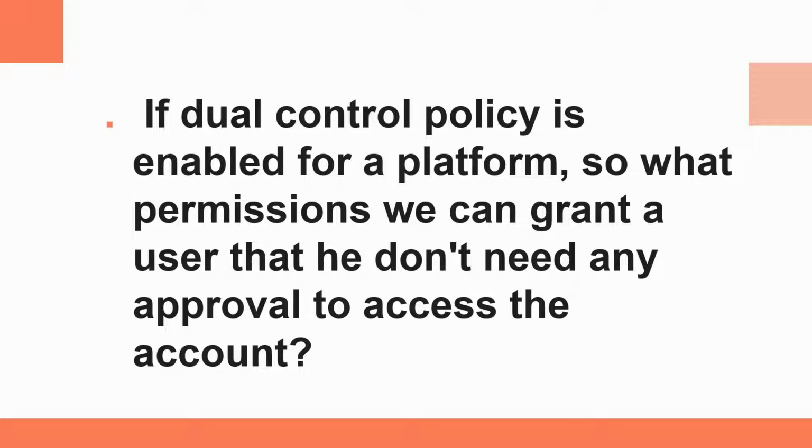Or we can do one thing. We can add this user as both a requester and approver. Okay, how can you add that? Basically, we add two groups, right? One is the requester group, and one is the read access group for the users.